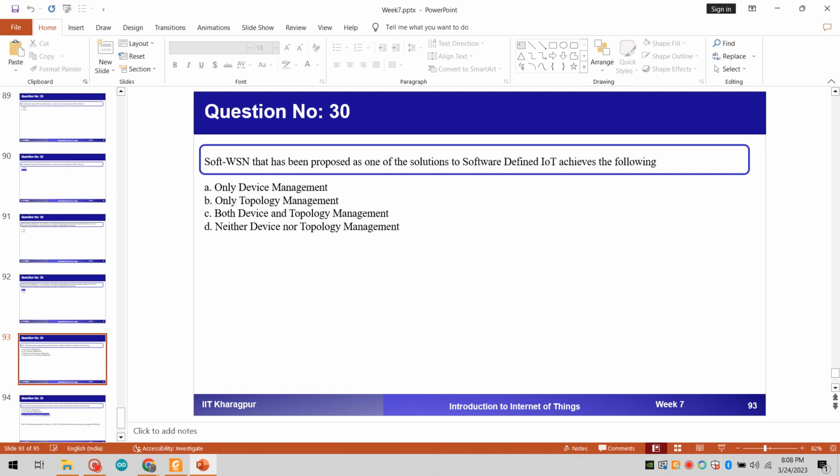Next question is, SoftWSN, which has been proposed as one of the solutions to software defined IoT, achieves the following. Options are only device management, only topology management, both device and topology management, neither device nor topology management.